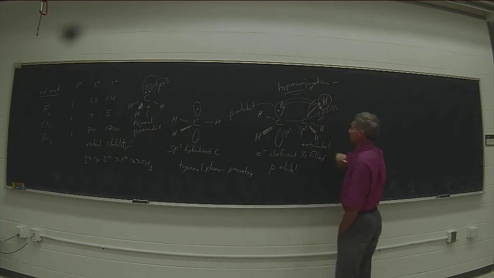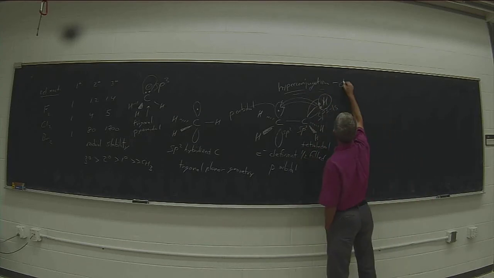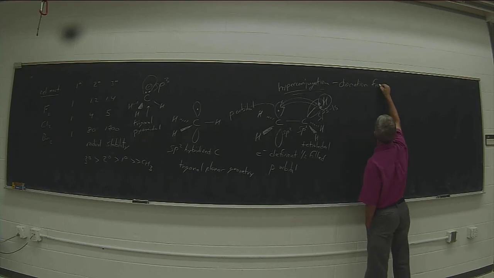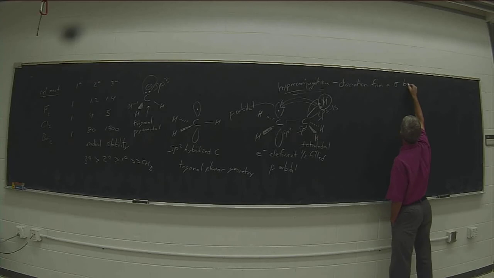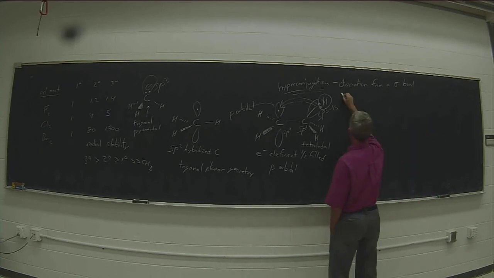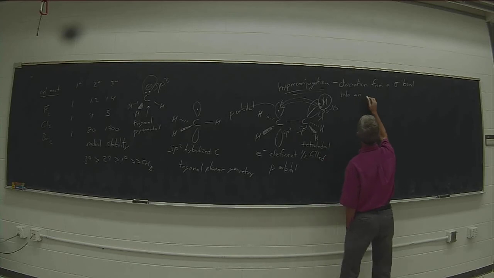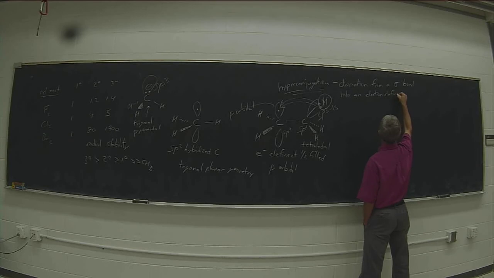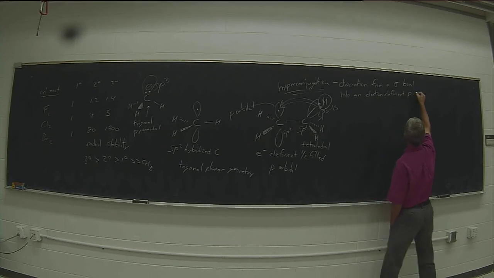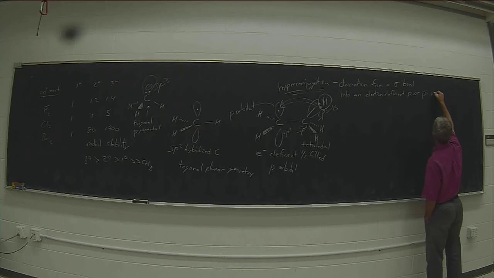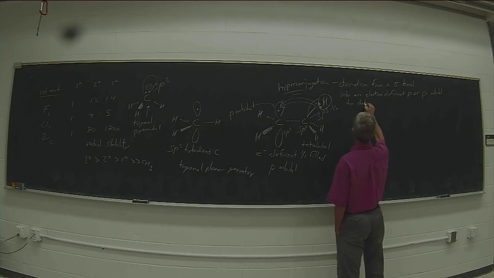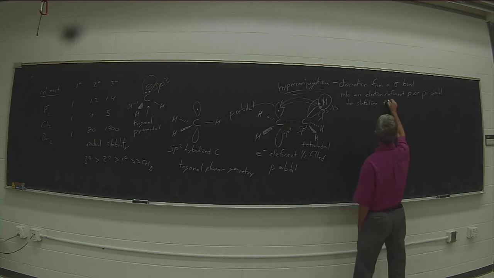Which is defined as the donation of electrons from a sigma bond into an electron deficient p orbital or pi orbital to stabilize the system.